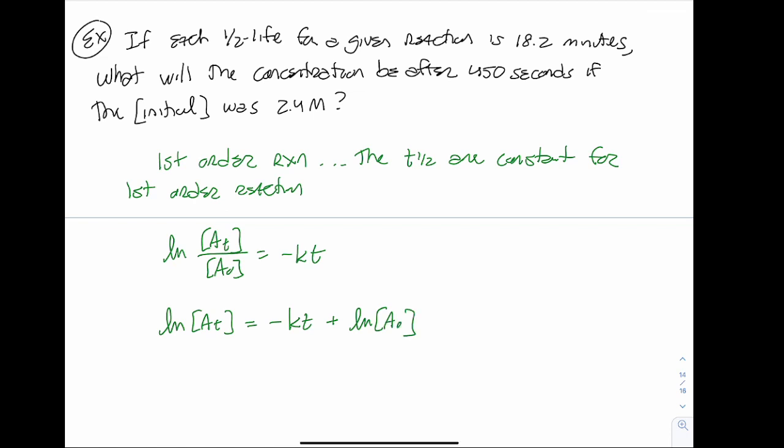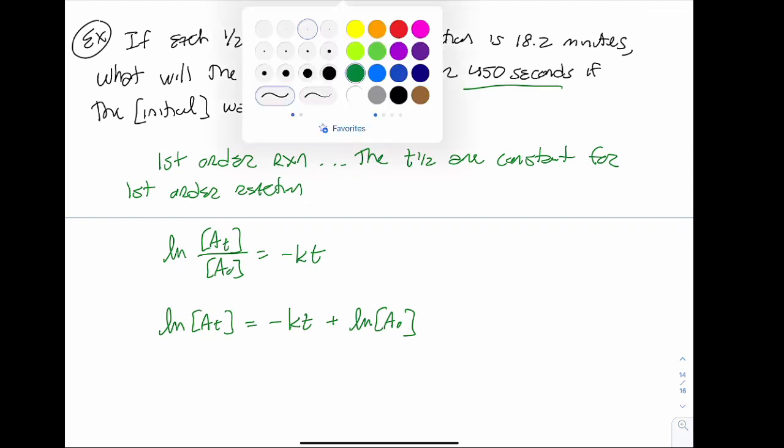The reason I would probably use the second one is because I'm given one of the concentrations in the problem, and I think it's easier this way. But either one, again, will work. I tend to mix it up. You could try it both ways to prove to yourself that you're going to get the same answer. I know t is 450 seconds, right?